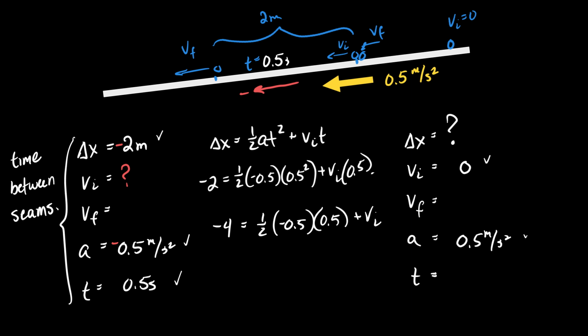Is that okay? So I just factored out one of the 0.5s. I have 1/2 times 1/2 times 1/2. That's -1/8 plus vi. All good? So I'm going to add the 1/8 to both sides, and I get vi equals -3 7/8 meters per second.